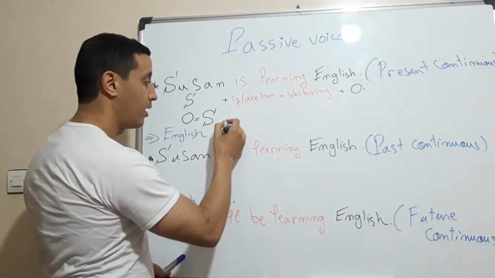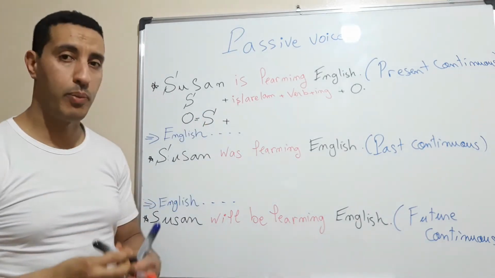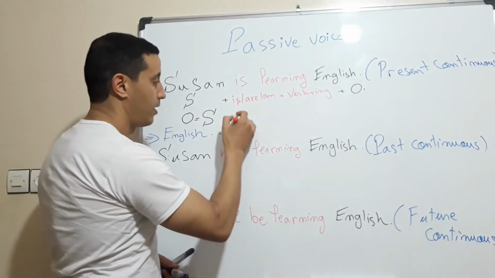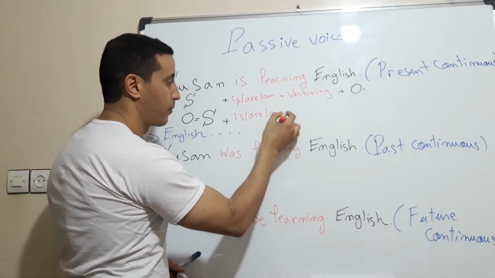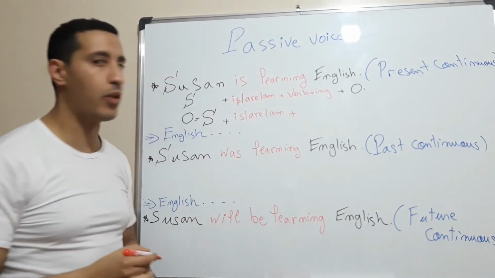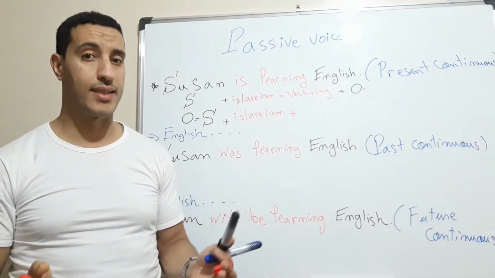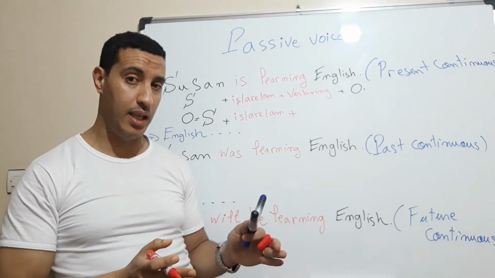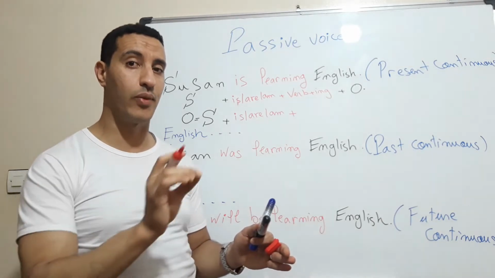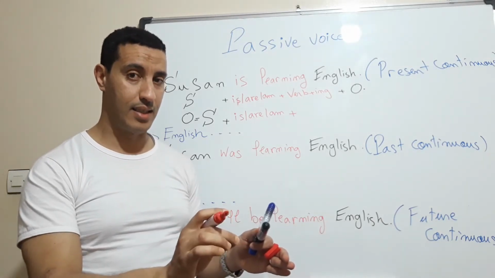And then we have the verb to be. We put the verb to be as is, or are, or am. Then we need the verb to be again, because passive voice is a sentence with the verb to be conjugated in the tense of the active sentence.